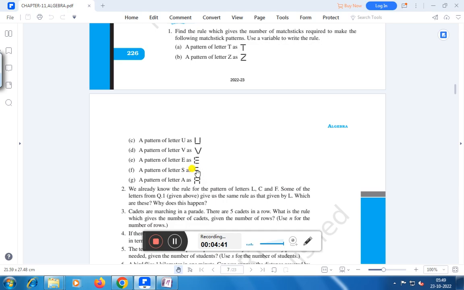In case of S, 1, 2, 3, 4, 5 matchsticks. In case of A, 1, 2, 3, 4, 5, 6, 6 matchsticks, right?